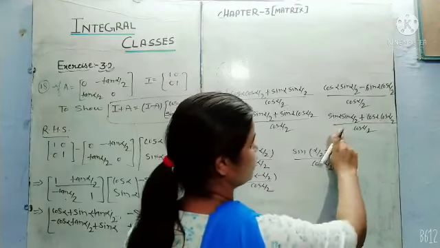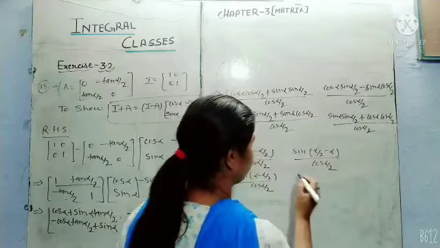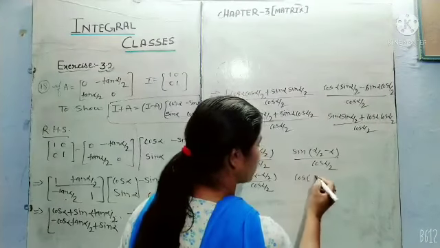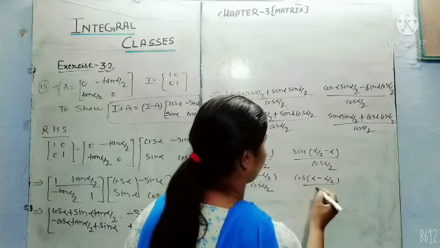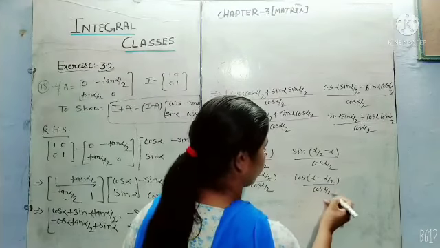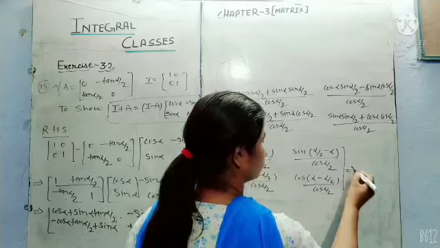Again it will become cos A cos B plus sin A sin B, cos(alpha minus alpha/2) upon cos(alpha/2). Okay student.